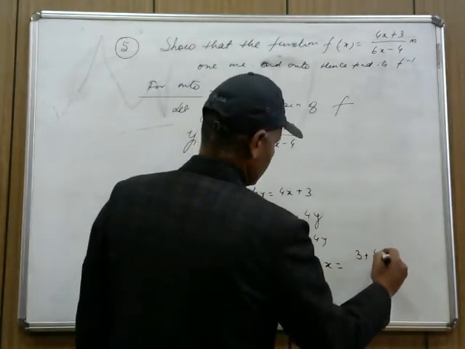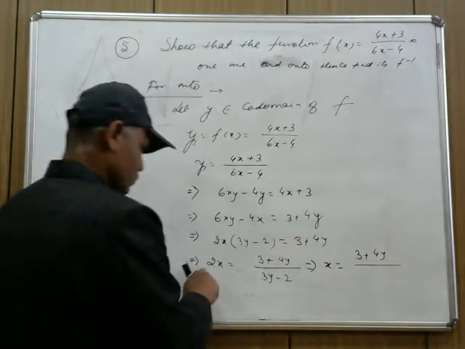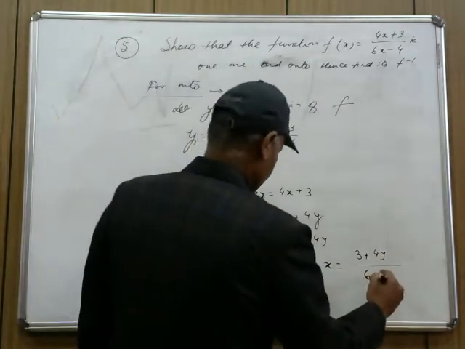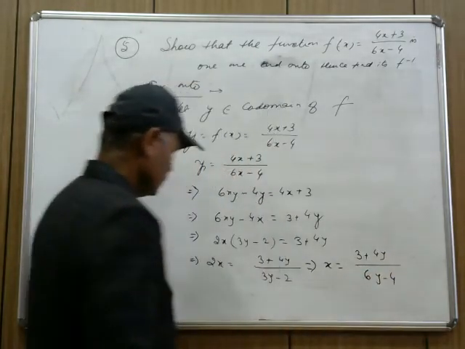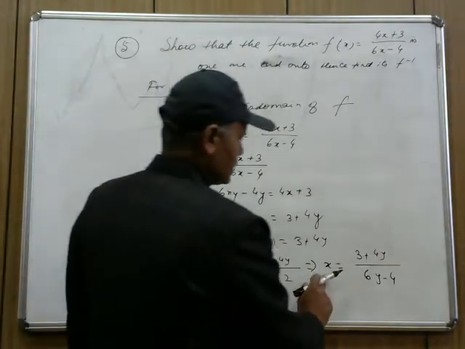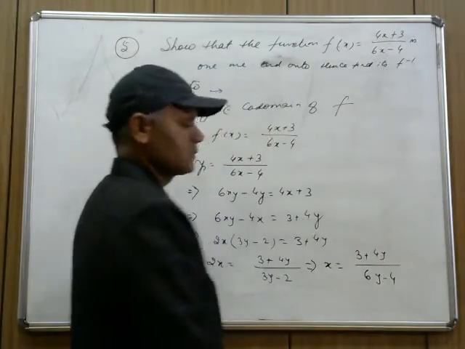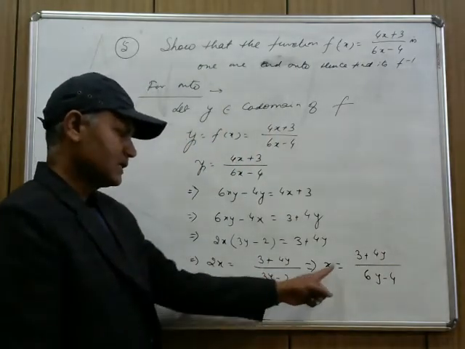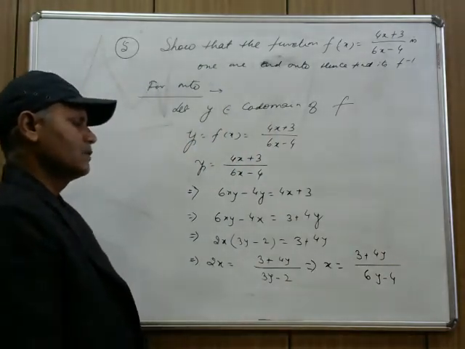(3 + 4y) whole divided by 2 times (3y - 2), which is 6y - 4. Can I write now? 2 times 3 is 6, minus 2 times 2 is 4. Now x is equal to (3 + 4y)/(6y - 4).